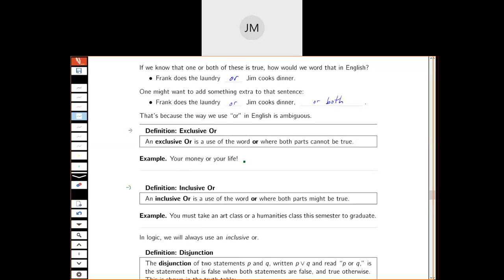What this means is if you give me your money, and I still kill you, then you're going to be very angry at me because that's not what I said, right?